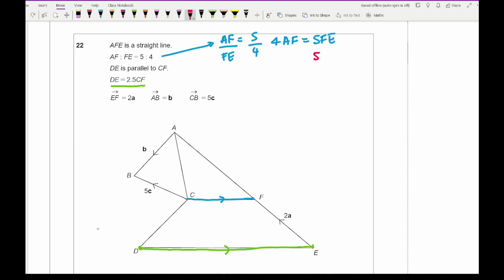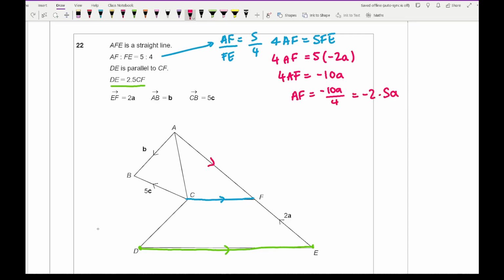So we know that 5 lots of 2A equals, and it's going to be minus because we're going in that direction, so minus 2A equals 4 lots of AF. So 4 lots of AF equals minus 10A. So then AF is going to be minus 10A divided by 4, which is minus 2.5A.